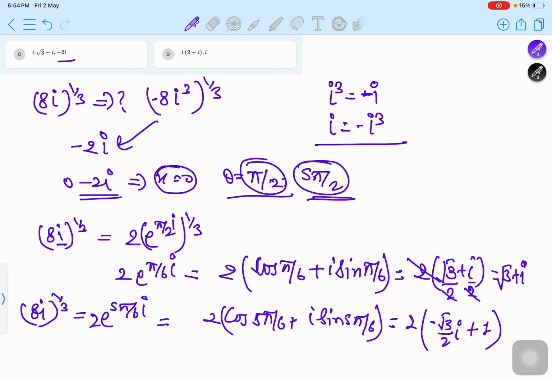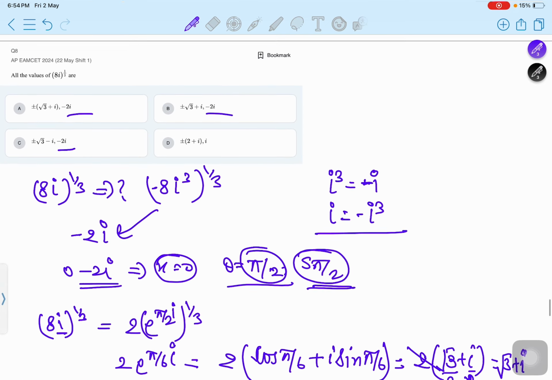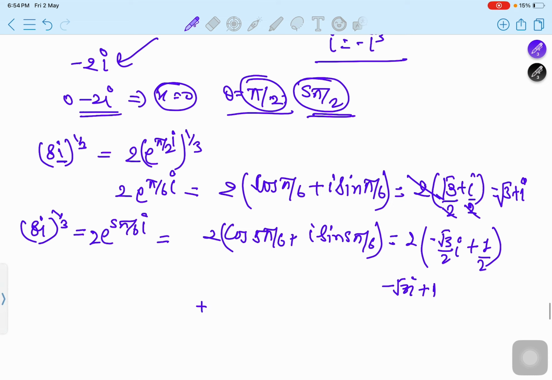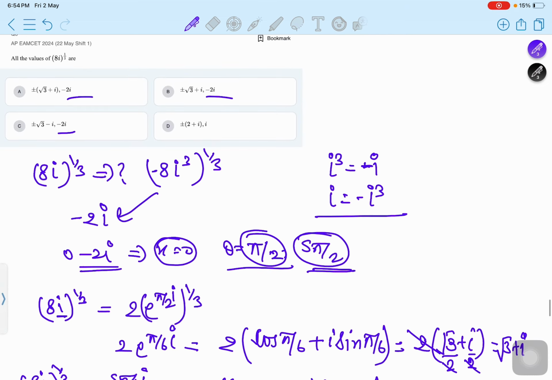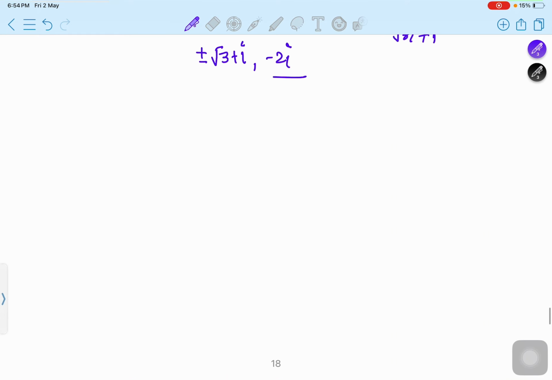The quadrant is the second quadrant, cos theta and sin theta, so that's why it is also 1 by 2, so minus root 3 plus iota. So the 3 is plus minus root 3, so plus minus root 3 plus iota, and minus 2 iota. The option is matched, that is option B, right?